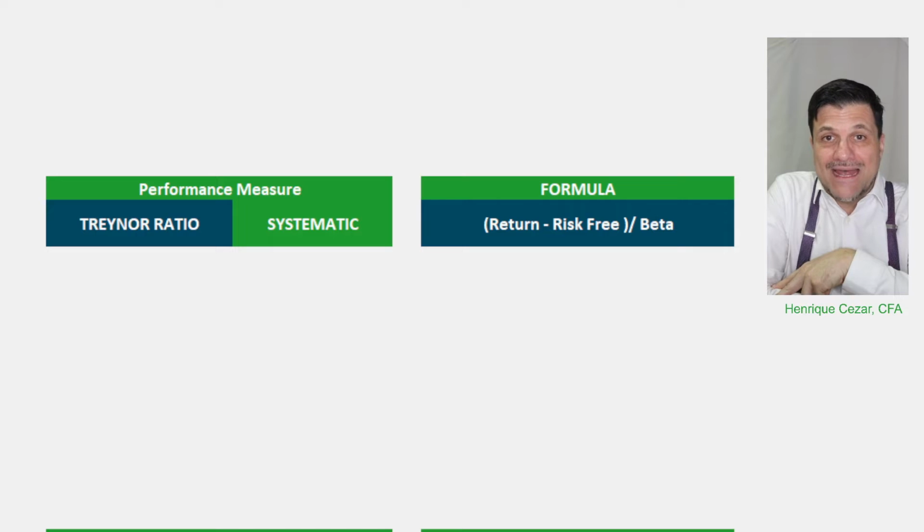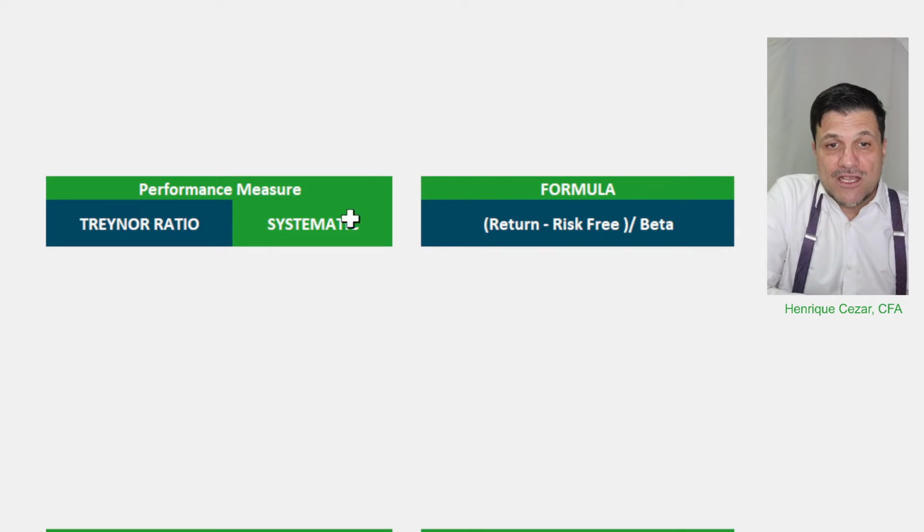Systematic risk is beta, right? Beta is the measurement of systematic risk. Therefore, we do the excess return divided by beta. That's the Treynor ratio. I wouldn't say it's better, but it's more applicable for a diversified portfolio.